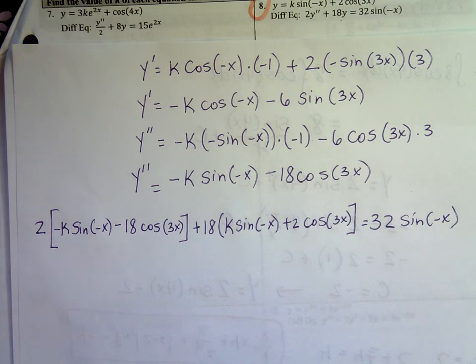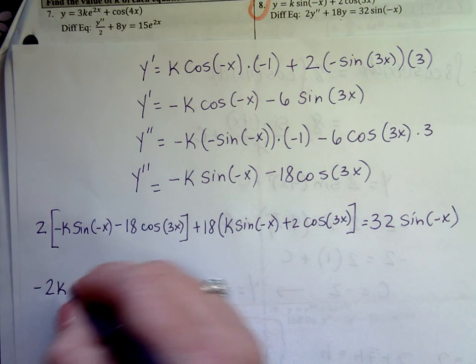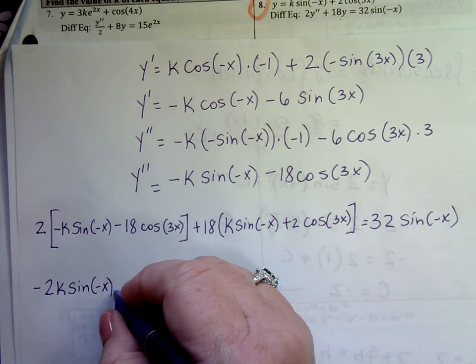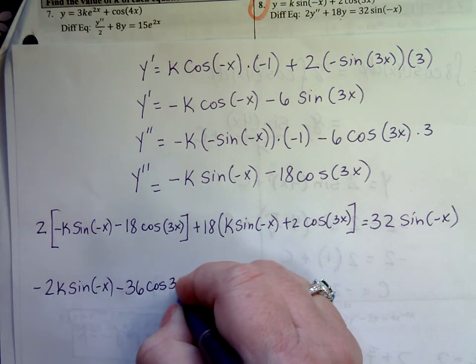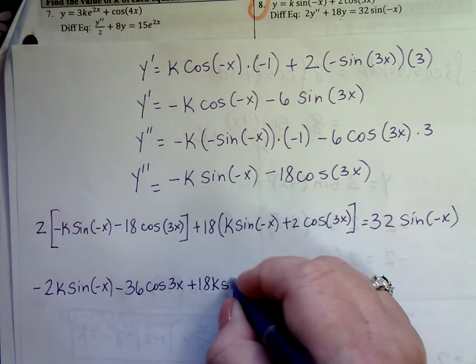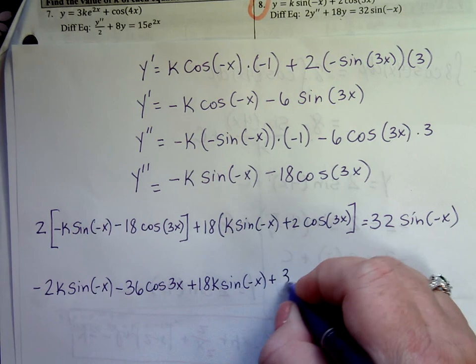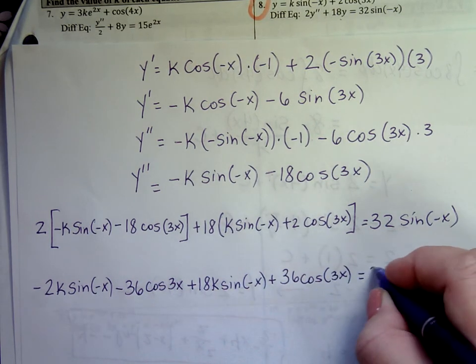I have a negative 2k sine of negative x, and then 2 times 18 is 36 cosine of 3x. I have 18k sine of negative x, and I have 18 times 2 is 36 cosine of 3x, which is supposed to equal 32 sine of a negative x.